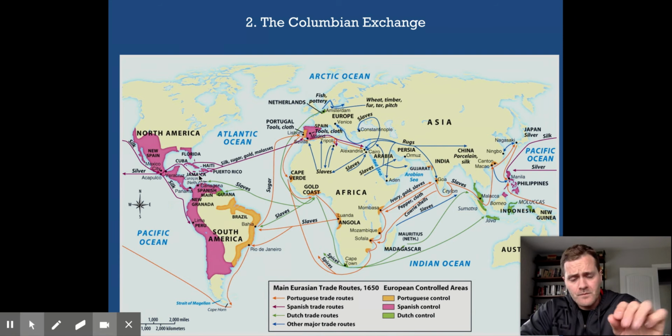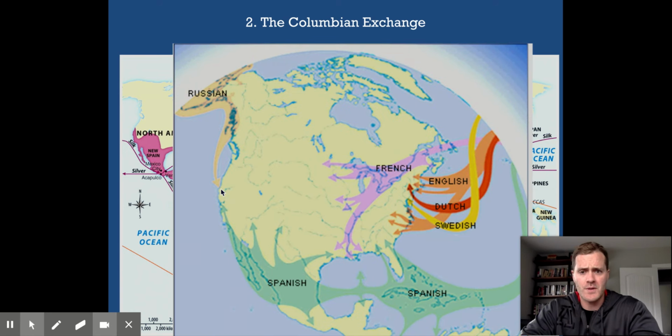So these two countries in particular are going to be the big drivers of the Columbian Exchange early on, as they're going to be gathering raw materials and resources like silk, like sugar, like gold, like molasses, like silver from the New World, and using their influence to try to gain a profit for the crowns of both of these countries.